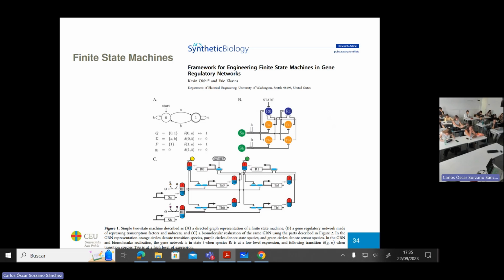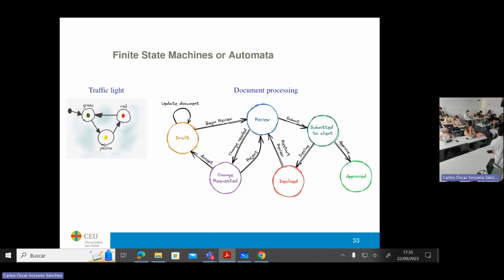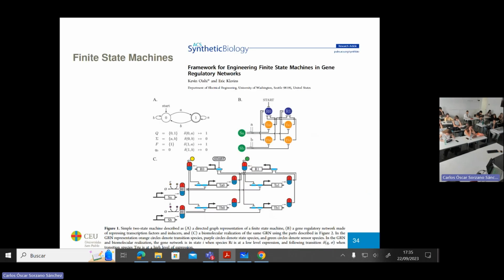How one state changes to the next is controlled by these kinds of regulatory networks, and regulatory networks we have already seen. So there is a repression here, there is an activation here. We will see how to model that in differential equations. But at the end, this is a graphical representation of a differential equation that is happening underneath.